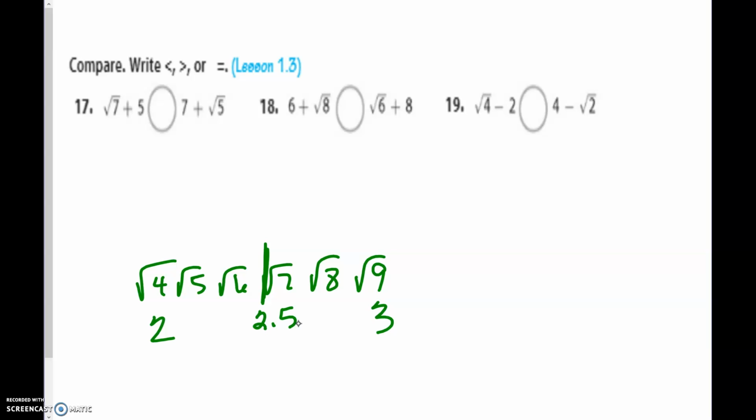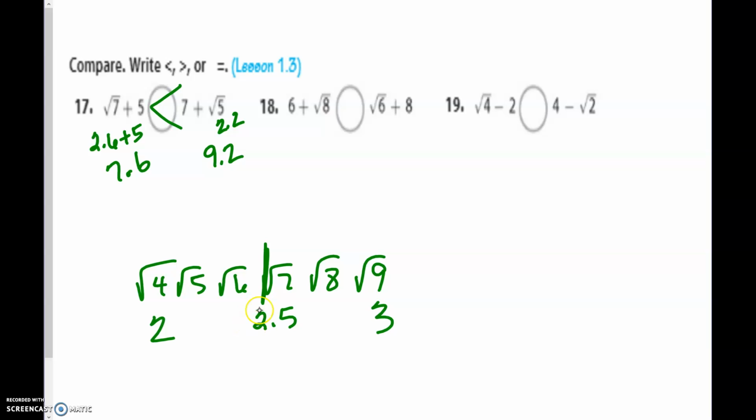So the square root of 7 is definitely going to be bigger than 2.5. So let's say 2.6 plus 5 is 7.6. Well, the square root of 5 looks like it's going to be about 2.2, so that's going to be 9.2. So it looks like this one is going to be bigger.